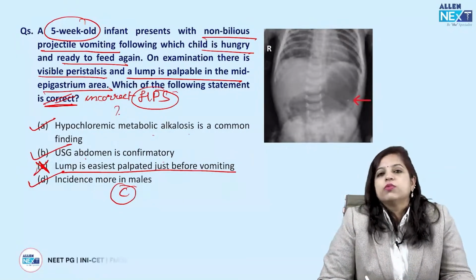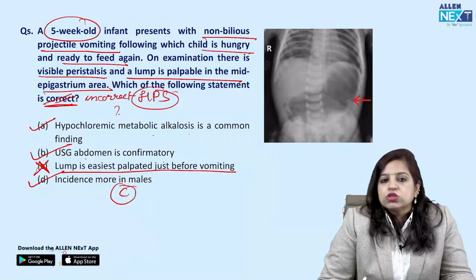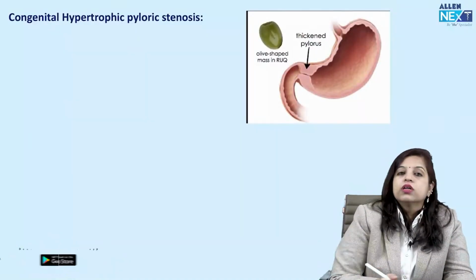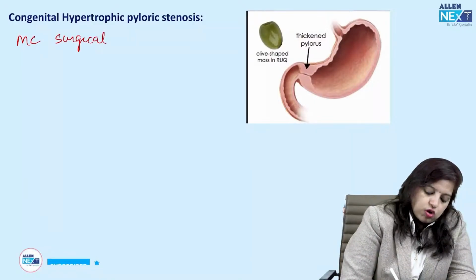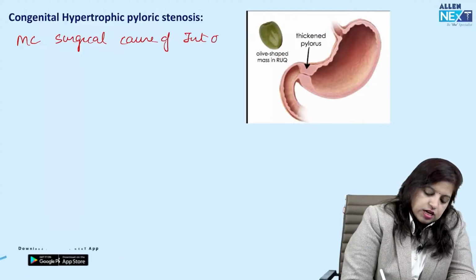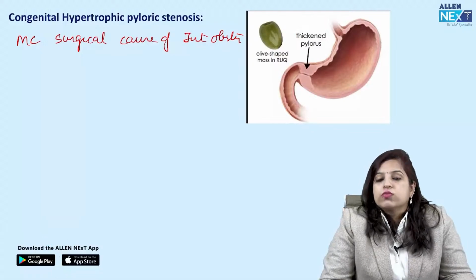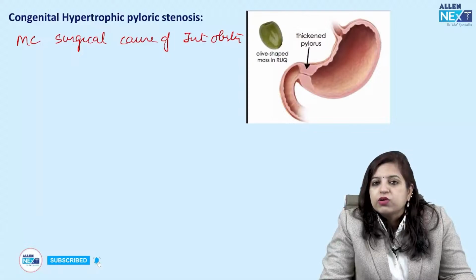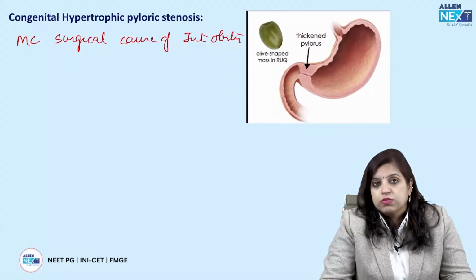So, a few words about hypertrophic pyloric stenosis you should be aware of. It is the most common surgical cause of intestinal obstruction, right? And in this, what happens is that there is hypertrophy of the circular muscles. The question has come on this also: whether it is hypertrophy of the longitudinal muscles of the pylorus or the circular muscles, the answer is hypertrophy of the circular muscles, right?